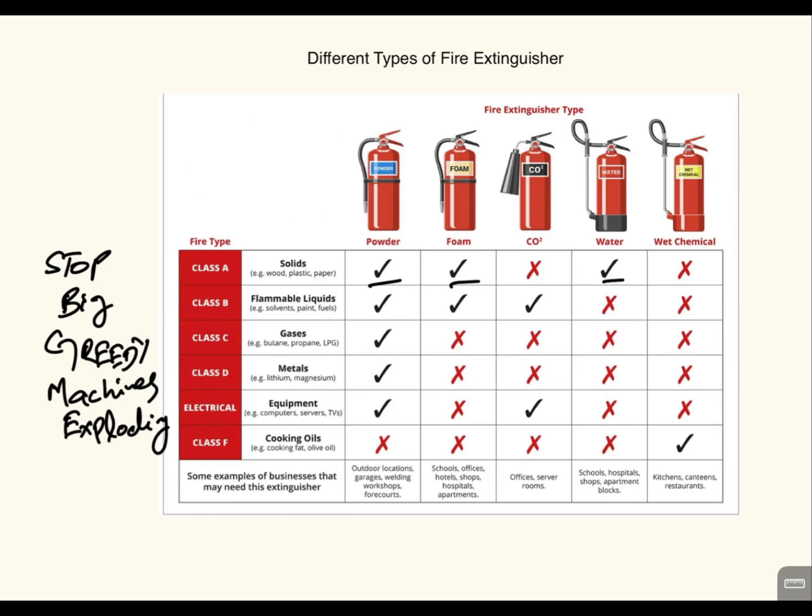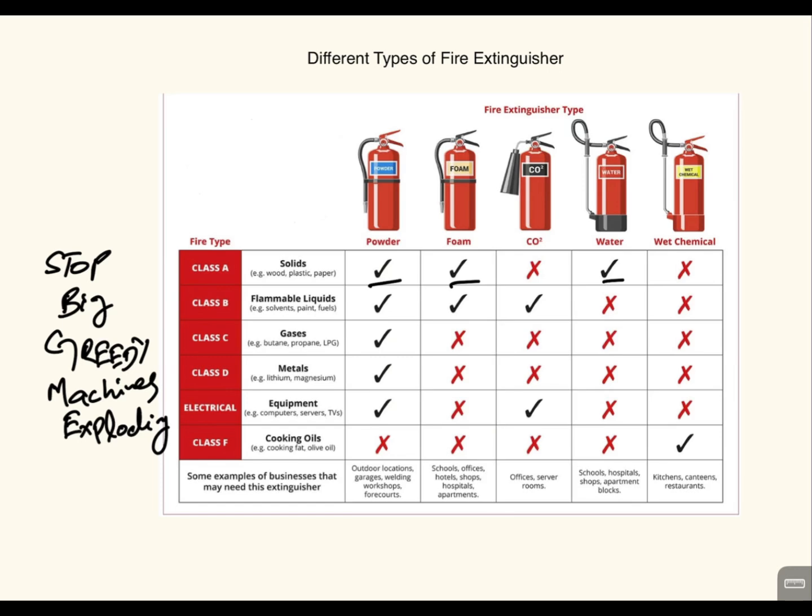So if those stuff fire up, then we need to use these fire extinguishers. And the appropriate fire extinguisher is very important. Otherwise, we could create a bigger issue if we use the wrong fire extinguisher, right?